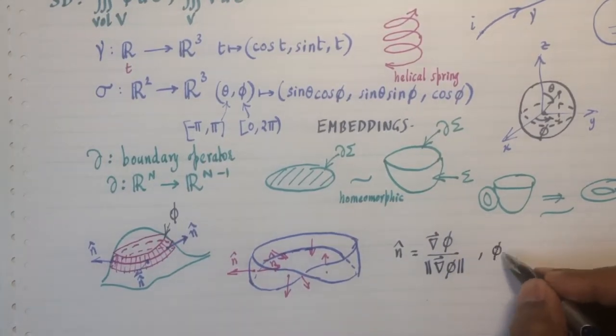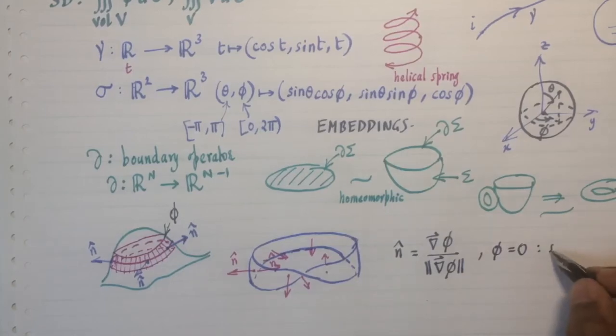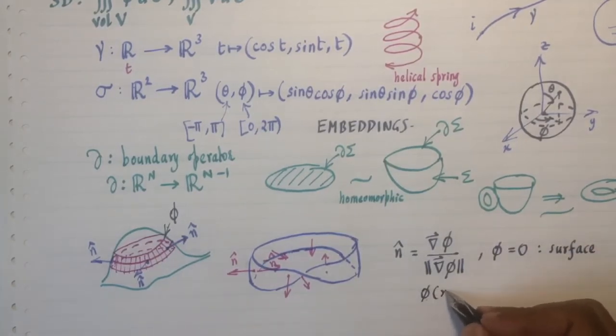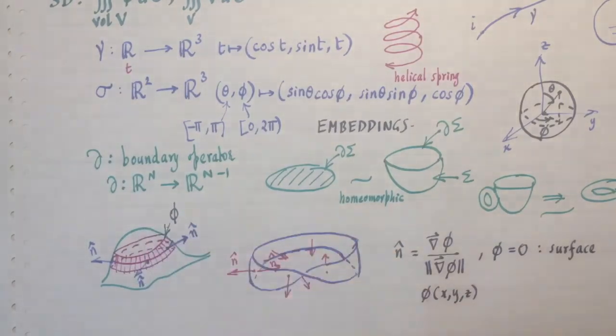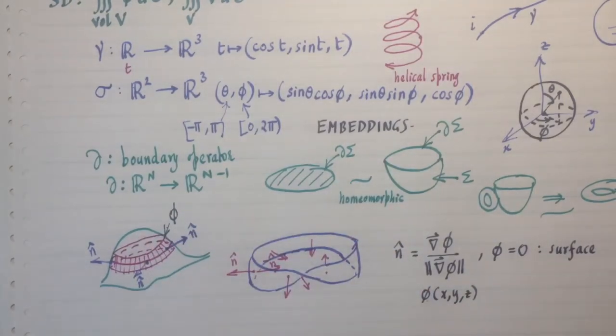And here phi equals 0 is considered the surface. Because remember, phi is a function of x, y, z. It describes a vector field on the entire space. So you have to set it equal to something in order to form the equipotential, or in this case, the surface.